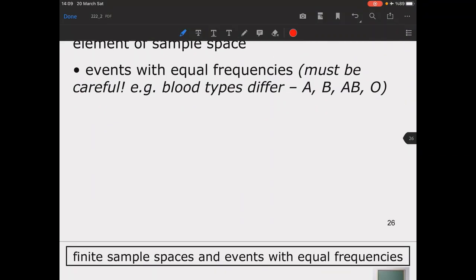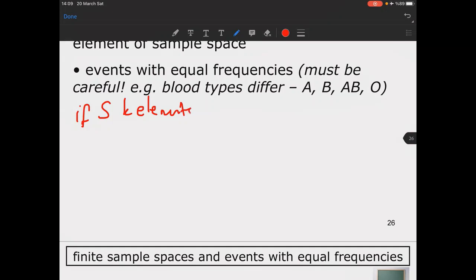So if your S has k elements with equal frequencies, then your Pi is 1 over k.